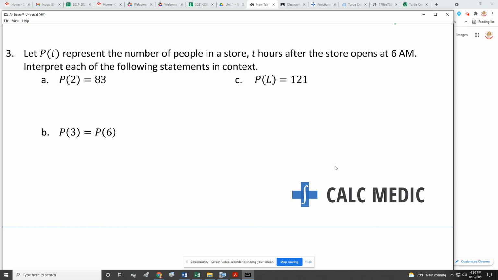All right, so this 2 is the number of hours since 6 a.m. So that's going to be 8 a.m. And then the 83 should represent the number of people in the store. So at 8 a.m., there are 83 people in the store.